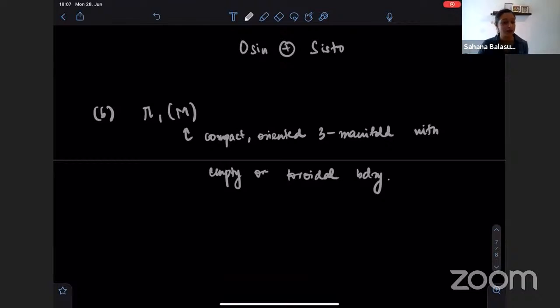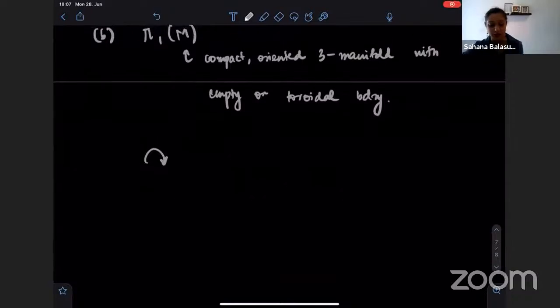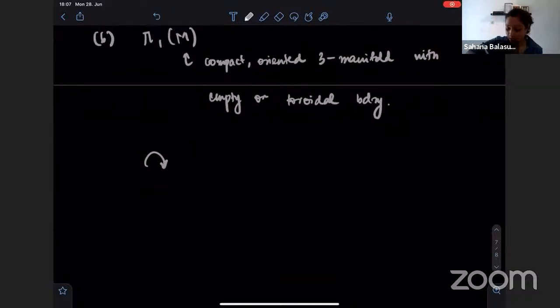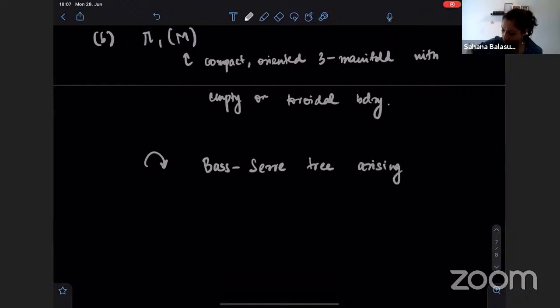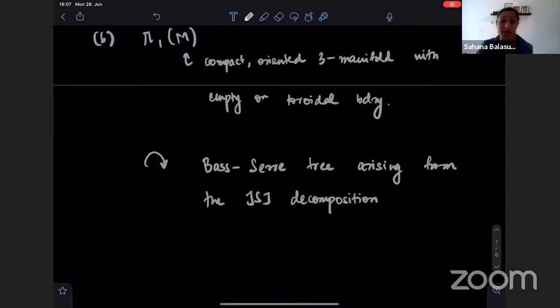Okay, and if you consider its fundamental group, where does this act acylindrically and non-elementarily? It acts on the Bass-Serre tree that arises from the JSJ decomposition of your manifold.